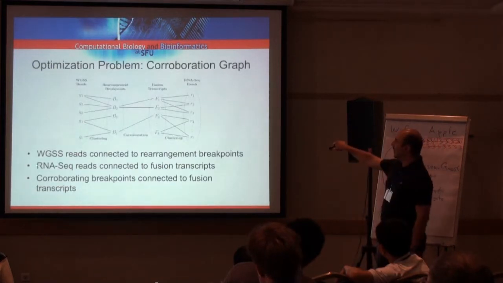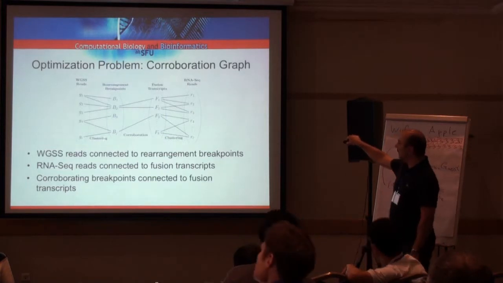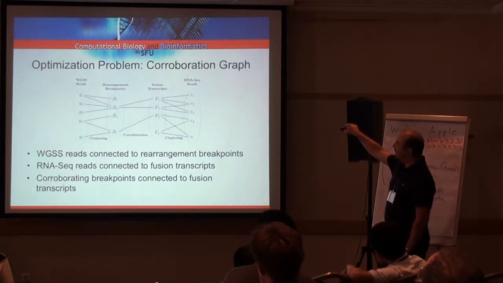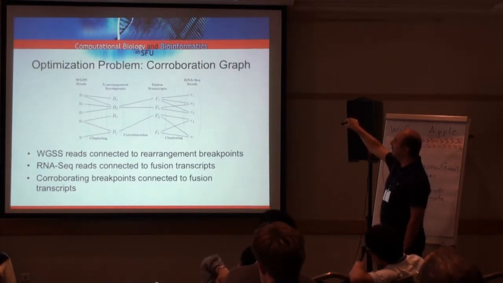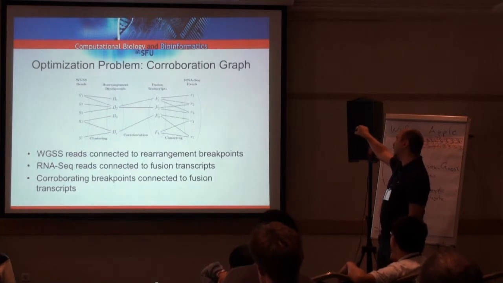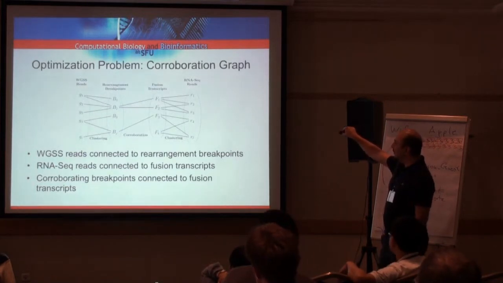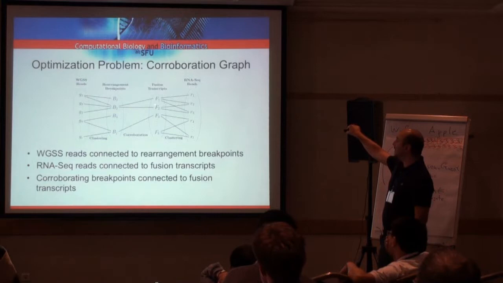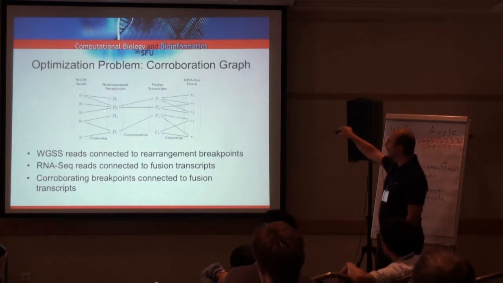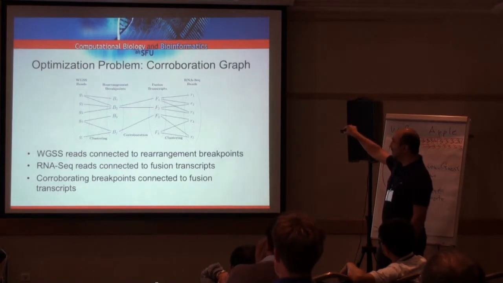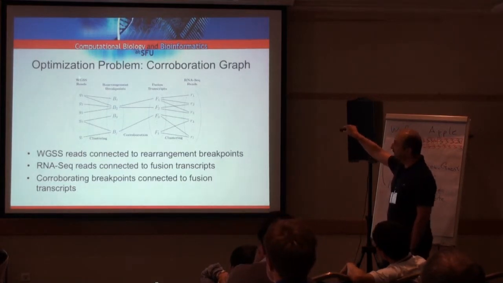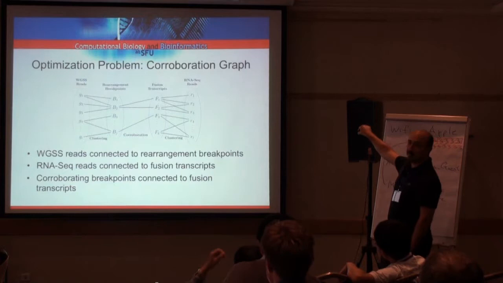So let me depict the problem through this figure. You have the whole genome shotgun sequencing reads. You have the RNA-seq reads. You find rearrangement breakpoints. You have fusion transcripts. Then you have to find which of these correspond to which of these. And then you have to pick the smallest number of breakpoints and the fusion transcripts that correspond to each other, which would explain all these reads here and all these reads there.